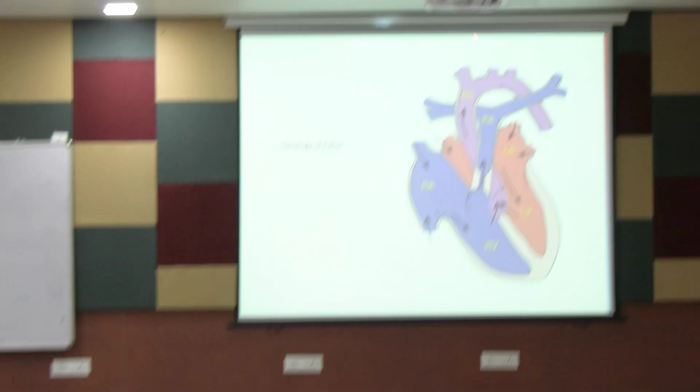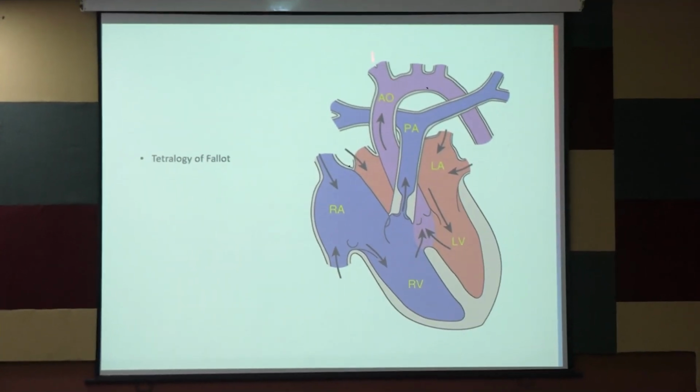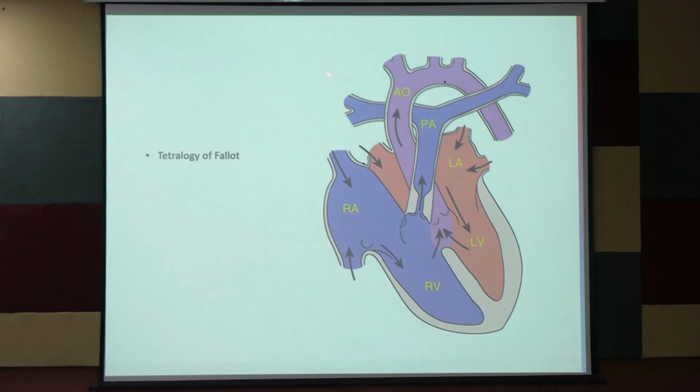What is that measure? Here is the brachial artery, and above it gives two branches: the right subclavian artery and the right common carotid artery. Suppose here is the right subclavian artery.